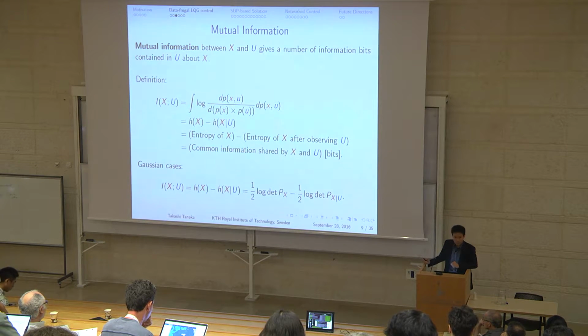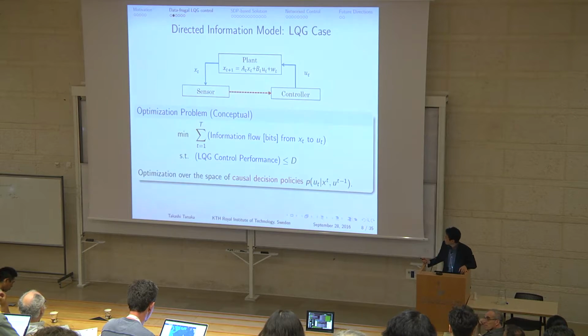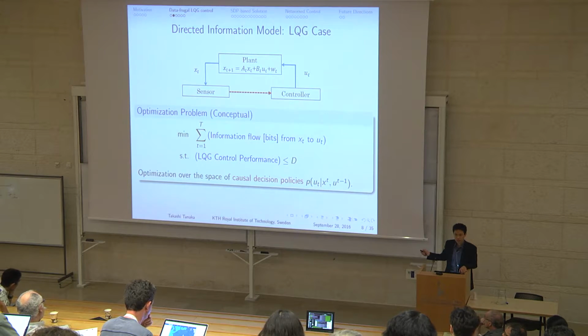The difficulty comes from the fact that the mutual information is a symmetric quantity, meaning that I of XU is equal to I of UX. However, if we go back to the previous slide, we are interested in the information flow from X to U. So there should be a notion of direction somewhere.